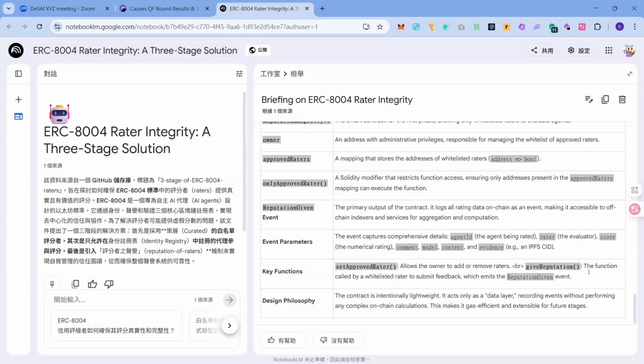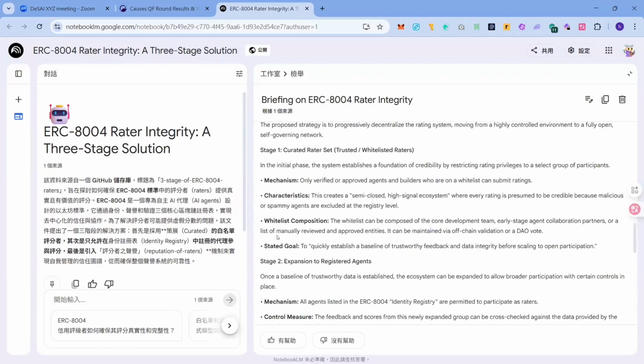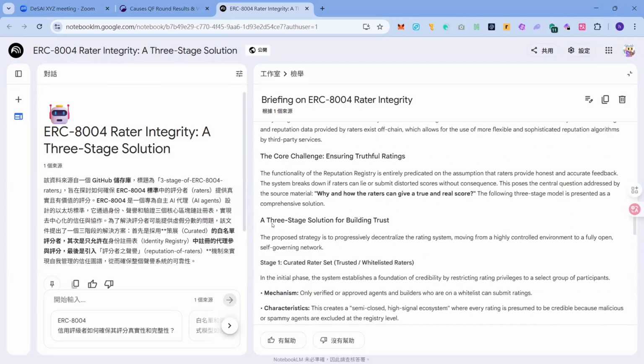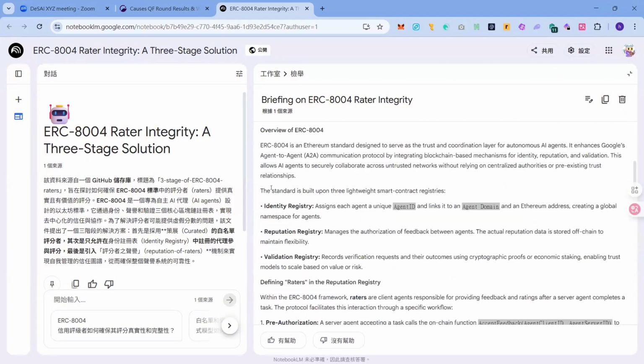For example, how we can add or remove the whitelist, and how I set up the components on the rater's weight. Which is what I echoed in the final stage, building the reputation of the rater.